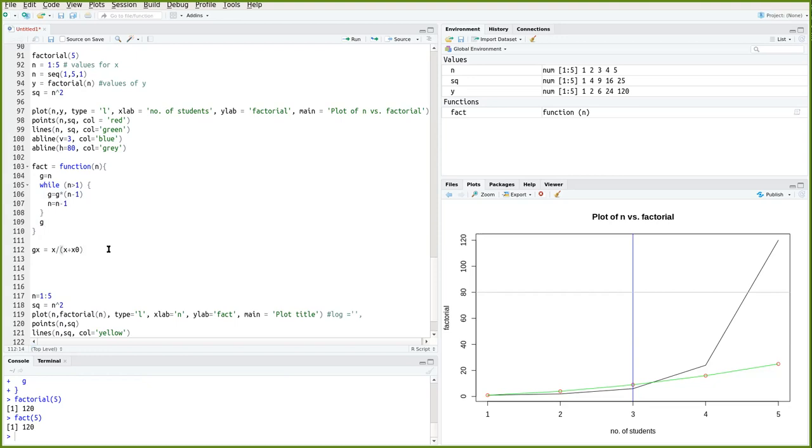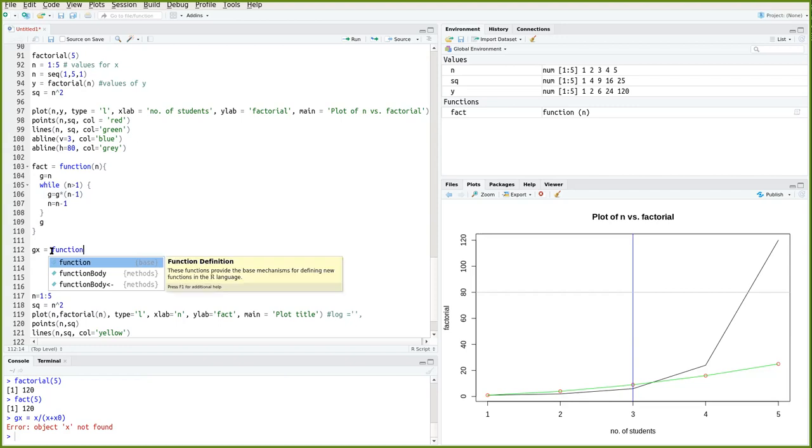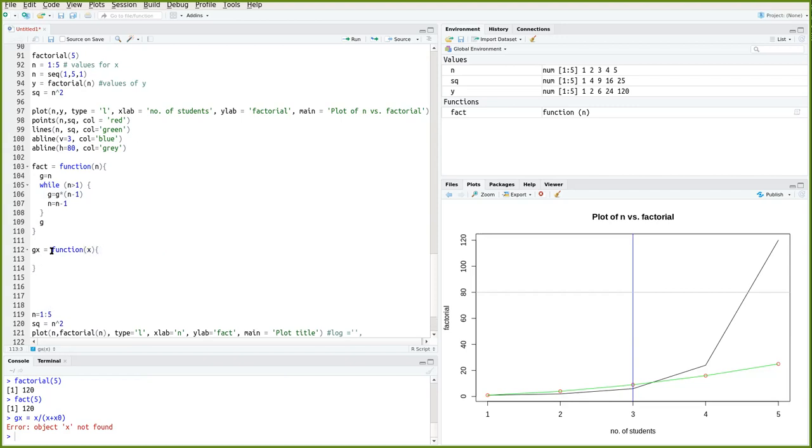So you can use this function. Let's try to make a function which takes the argument x, okay? And now I define the body. What does the function do after taking the value of x?